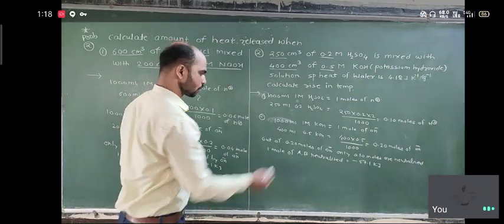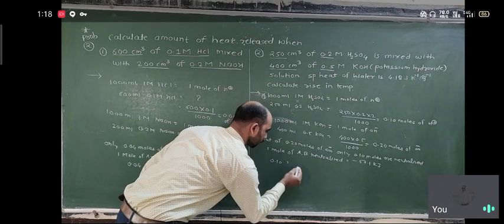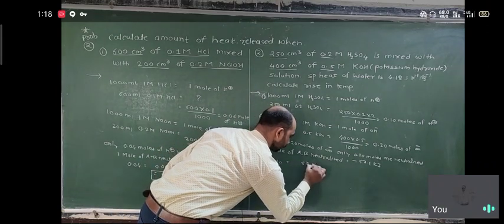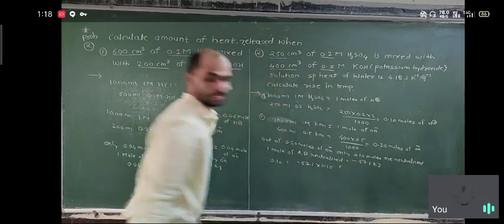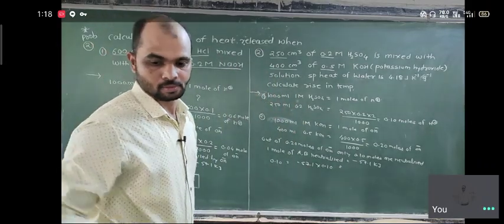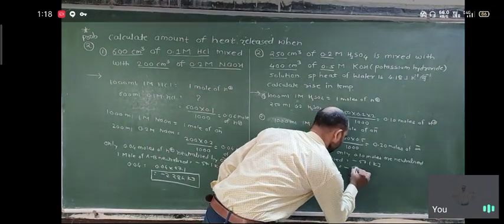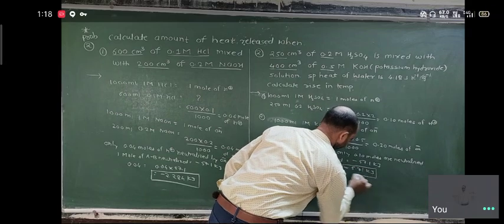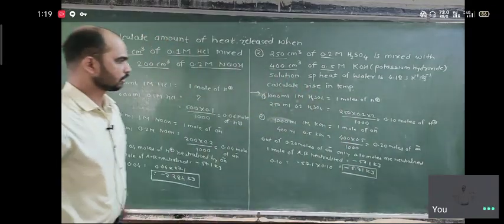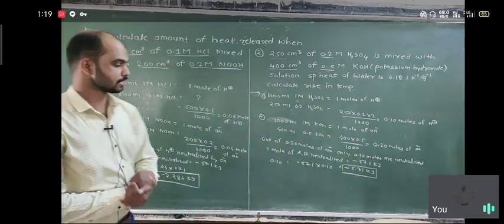So here for 0.10 mole it is 57.1 into 0.10, and the answer is minus 5.71 kilojoule. Minus 5.71 kilojoule is the answer.